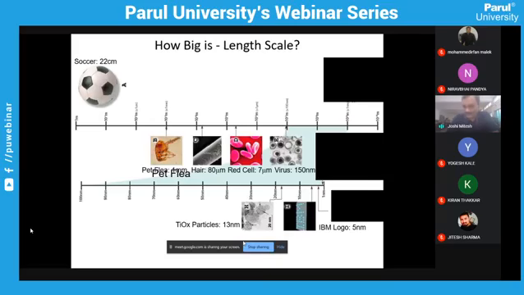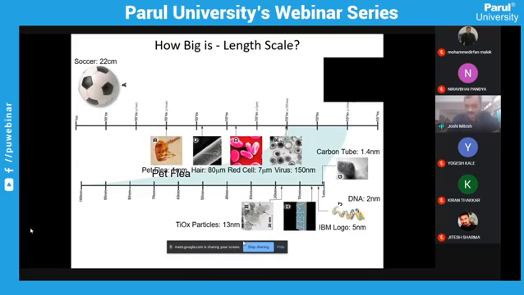A logo on an IBM chip is 5 nanometers. DNA, our body DNA structure, is of 2 nanometer size. Carbon nanotube is around 1.4 nanometer size, and carbon buckyball, you can say, around 0.7 nanometer size. So we have to study all these materials for their properties and applications.